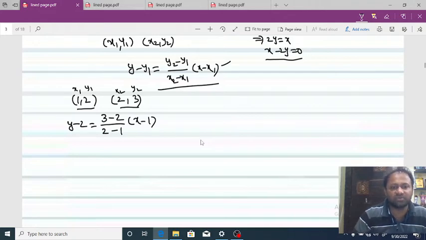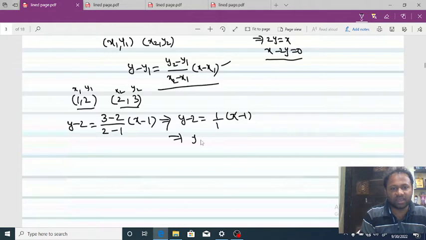It is enough to simplify. So what we get: y minus 2 is equal to 3 minus 2, 1, divided by 2 minus 1, 1, into x minus 1. Here we get y minus 2 is equal to x minus 1.